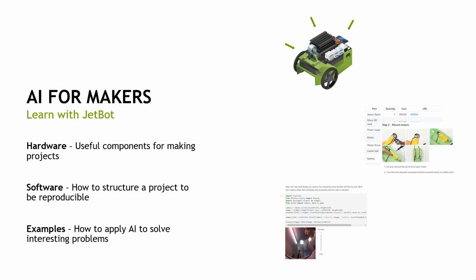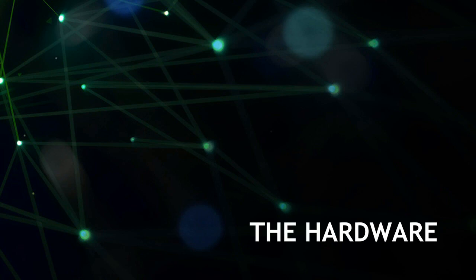And then we'll run through the examples, where you'll learn how to apply AI to new problems, which will be useful for creating your own projects. So let's get started by going through the hardware of JetBot, and we'll focus on the pieces that will be useful for creating your own projects.